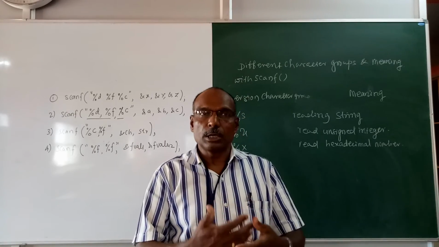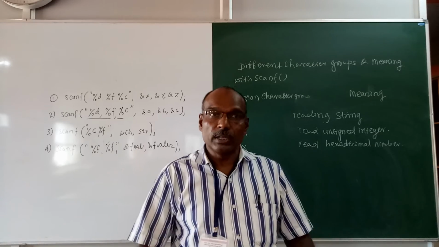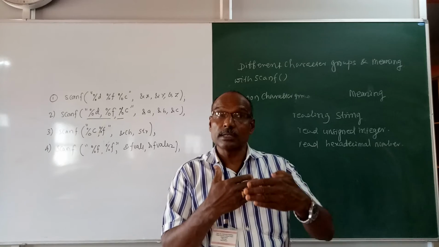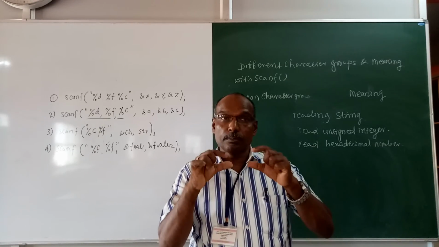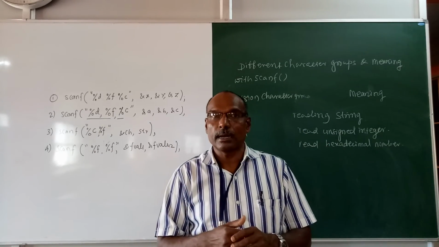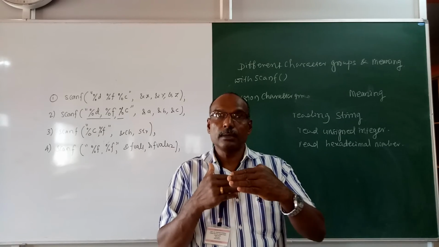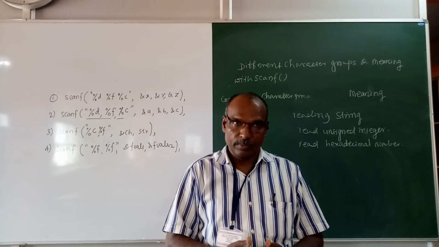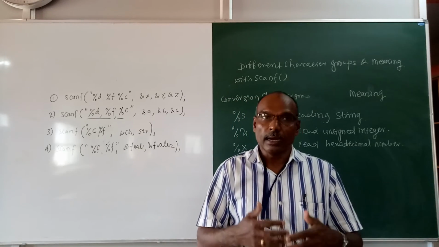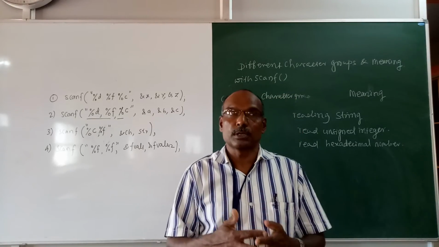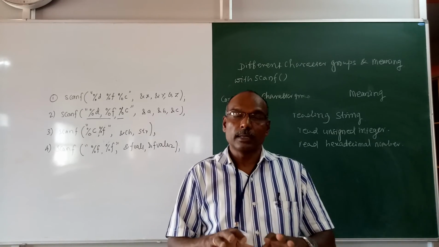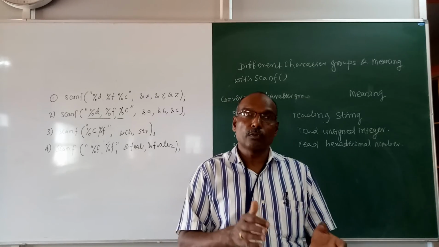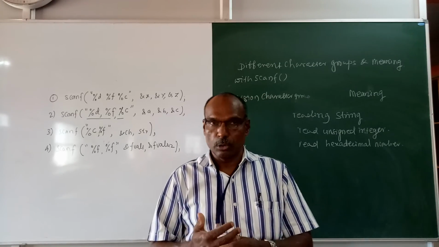Here we have a library of functions, and we use this library of functions at the beginning of a C program in the form of a preprocessor statement called a header file. And there are two types of input and output: formatted input or output functions and unformatted input and output functions.